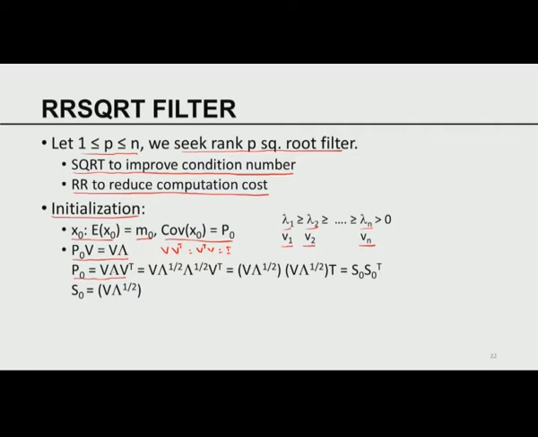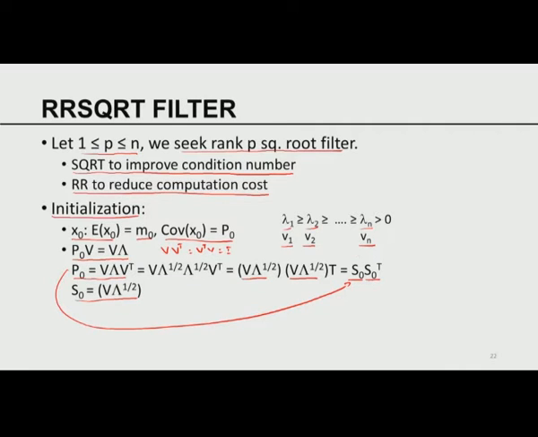So I can express lambda is equal to square root of lambda times square root of lambda. Then I can associate this like this. I am going to call it S naught transpose, where S naught is given by this. Therefore P naught is equal to S naught S naught transpose, the full square root factorization, where S naught is one factor, S naught transpose is another factor.